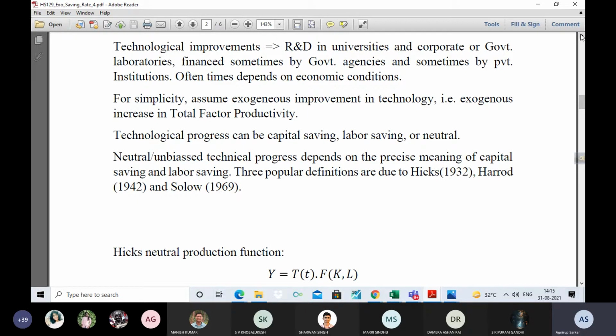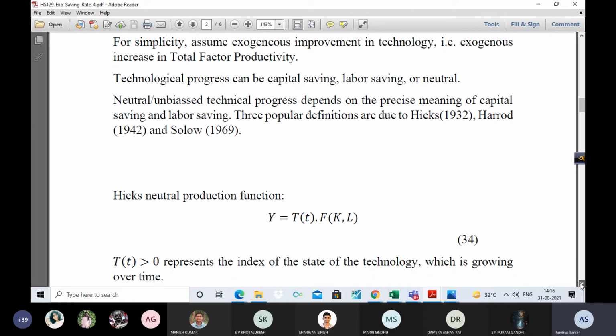So for a Hicks neutral production function, this is the kind of technology: Y is equal to T, which evolves over time, Tt, times f of K, L. See here, we are dealing with a production function. f(K, L) is the production function, but technology is also embedded within it. This is something that we did not notice before.